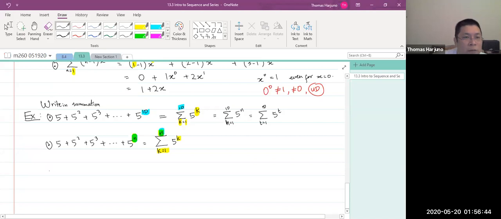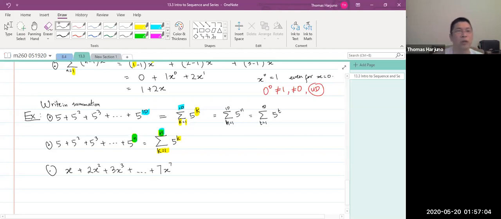How about if I have, let's say, x plus 2x squared plus 3x cubed all the way to 7x to the 7th? What will that be in sigma notation?